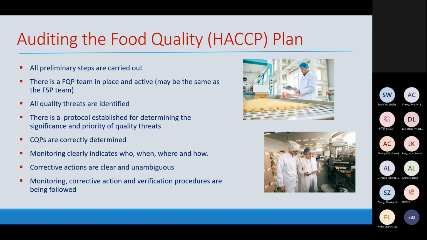Monitoring clearly indicates who, where, when and how, and corrective actions are clear and unambiguous, and monitoring, corrective actions and verification procedures are being followed. That is a requirement for SQF auditors who are auditing the food quality plan.